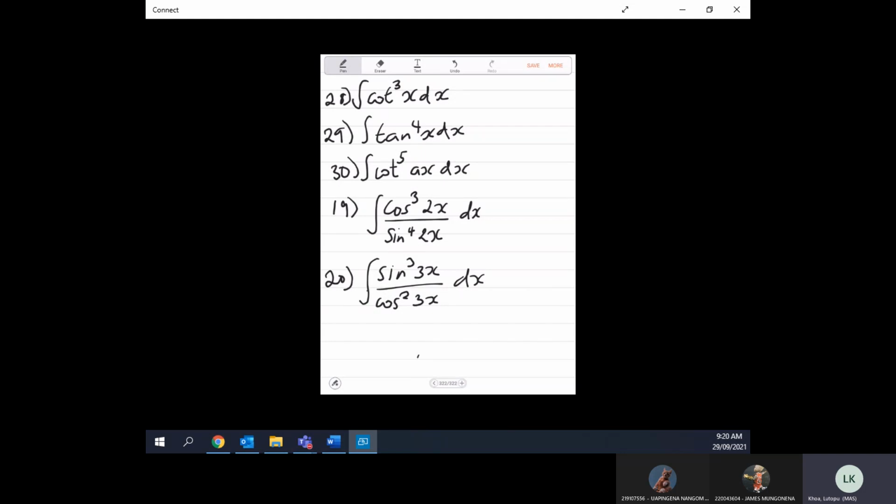This one is the first example that we did, the way we integrated it. This one, compare it to this one. When I see this converted like this, so I have tan squared, I'll change it to sec squared minus 1.